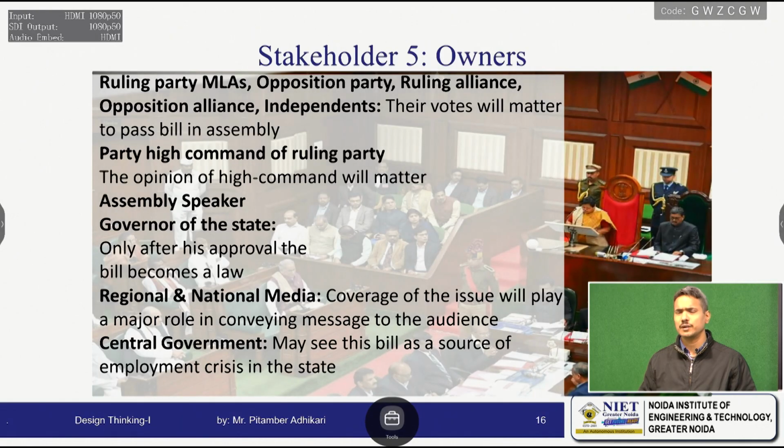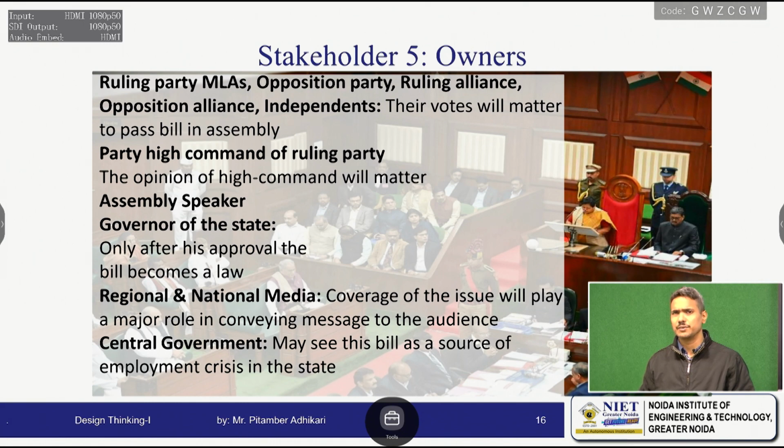After worldview, the fifth category, or stakeholder 5, is owners. If we talk about this particular example, we can put the different ruling party, MLAs, opposition party, ruling alliance, the party high command of the ruling party, because the party high command can take any decisions regarding that law.